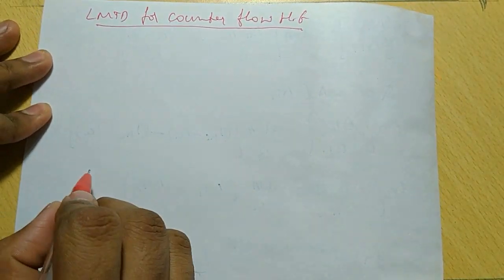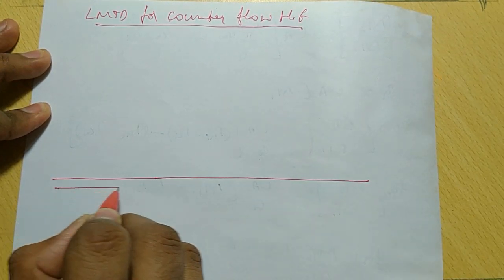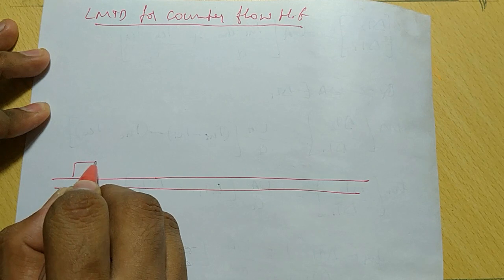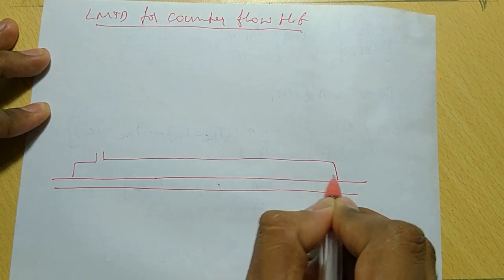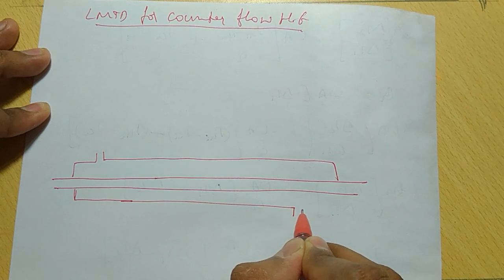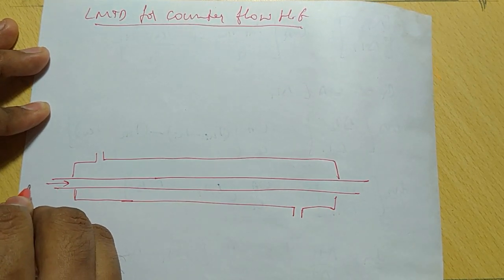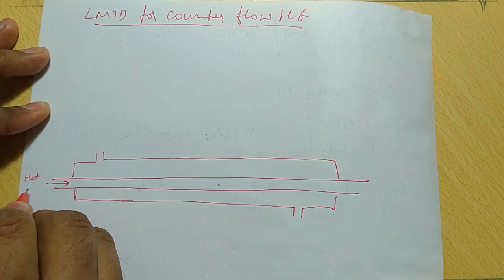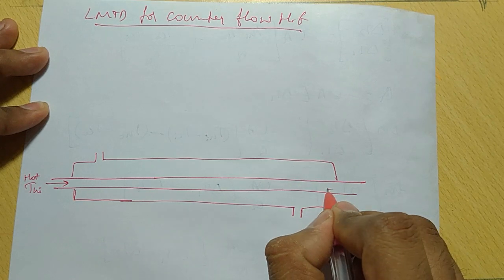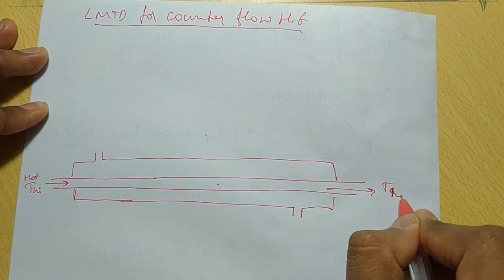First we will write the sketch. This is the inner pipe, this is the outer pipe. Now consider the hot fluid. In the inner pipe, hot fluid is moving, entering at THI, and the same hot fluid leaves at the temperature TH naught.